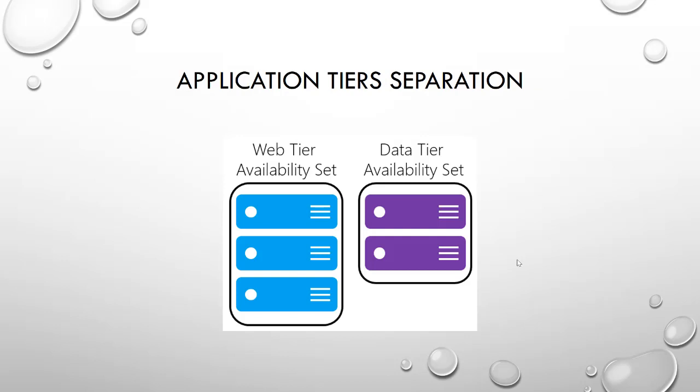So one of the best practices as well is to have your web tier VMs and your data tier VMs in separate availability sets, also in separate Azure storage accounts.